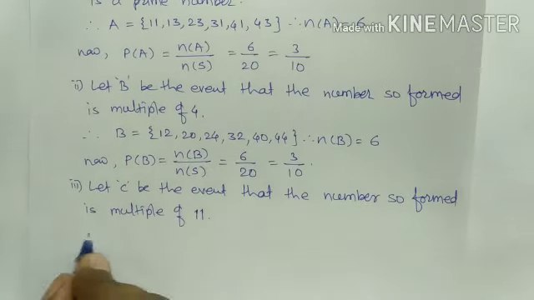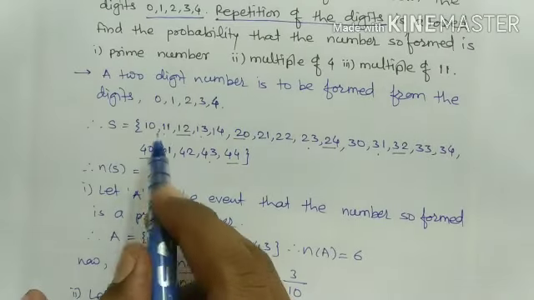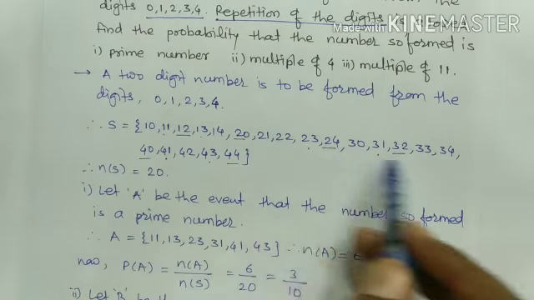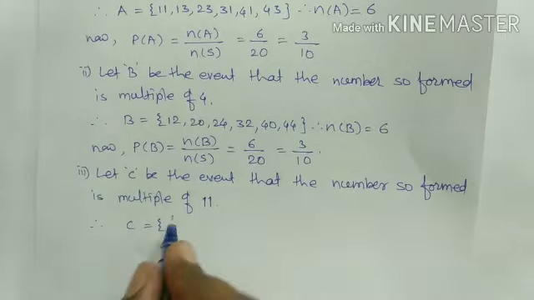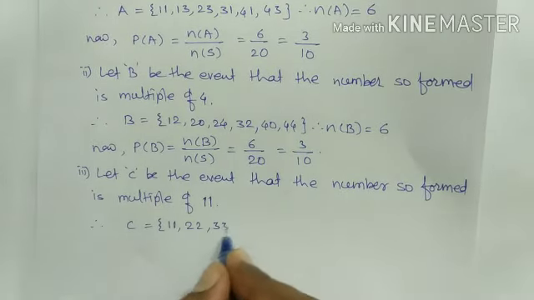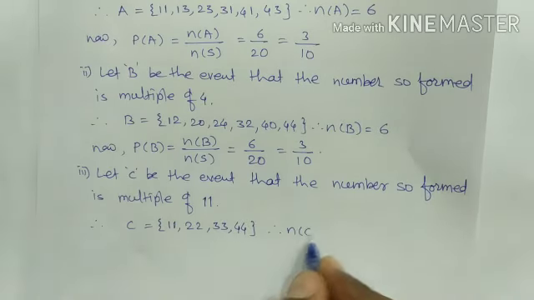Therefore, for the event C, the sample points in the sample space which are multiples of 11 are 11, 22, 33 and 44. So the sample points are 11, 22, 33 and 44, and therefore the number of C equals 4.